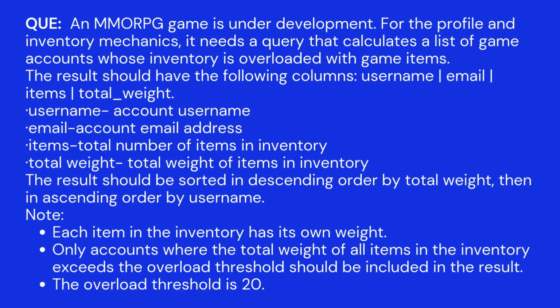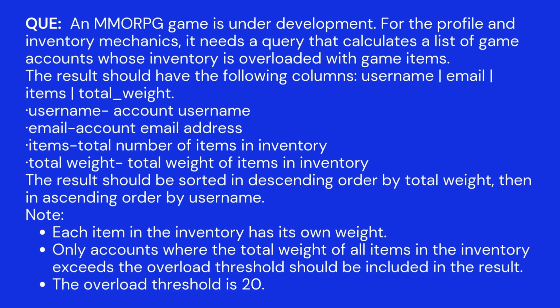Question. An MMORPG game is under development. For the profile and inventory mechanics, it needs a query that calculates a list of game accounts whose inventory is overloaded with game items. The result should have the following columns: username, email address, items total number of items in inventory, and total weight of items in inventory.